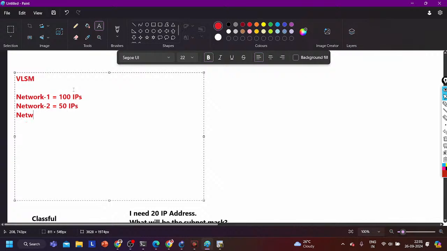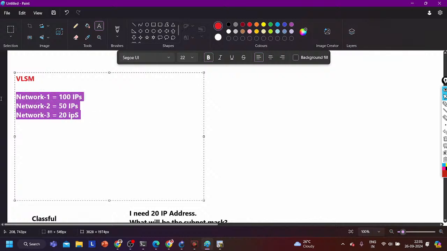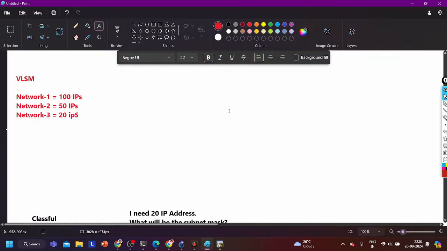Network 3, where we have, let's say, servers, I need only 20 IP addresses. So in this scenario, the length of my network is not the same. The length is variable. Then how to perform subnetting?